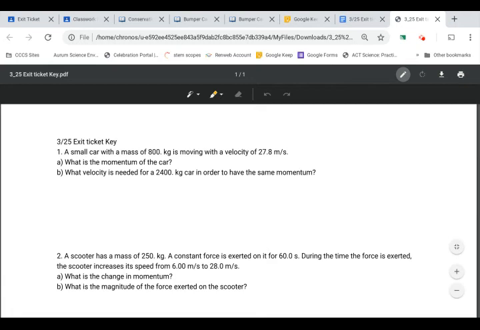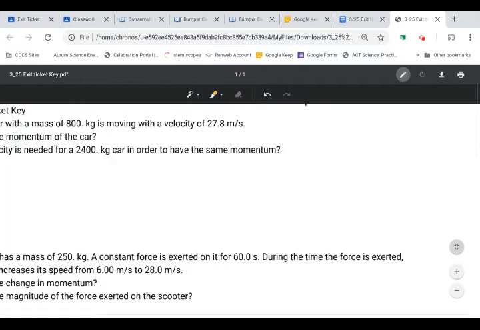Okay, guys, so we are going to go over the answers for the exit ticket you did last class. In last class, we learned momentum, and momentum is p equals mv, right? And then we also learned impulse.